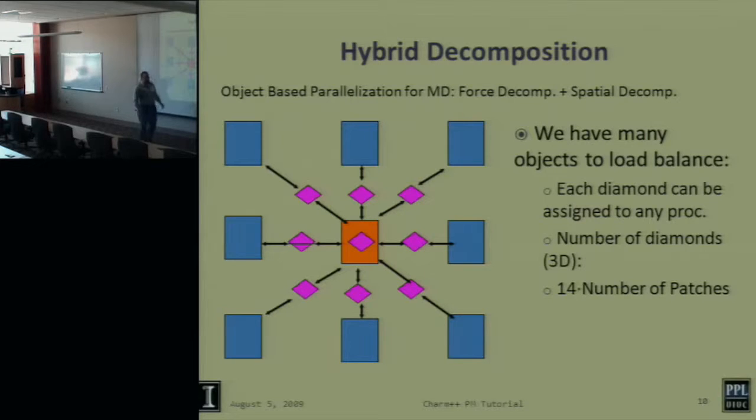The force interaction between these patches is represented by these computes, these interaction points, where the interaction between any two of these patches is handled at the compute, and the computes can then be handled and migrated independently of the patch decomposition. So in this case, for this decomposition, you have 14 patches.